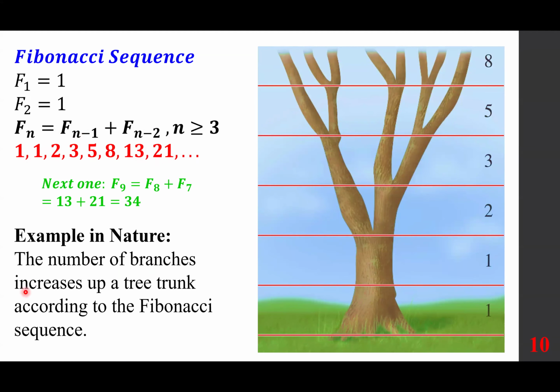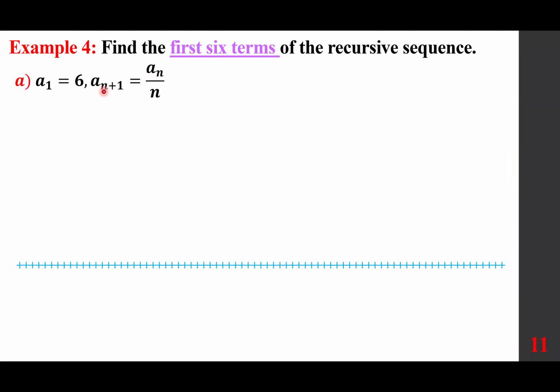So a1 is 6, and a2, if I make this 2, that means n plus 1 is 2. That means n is 1. So a1 over 1, 6 over 1 is 6.